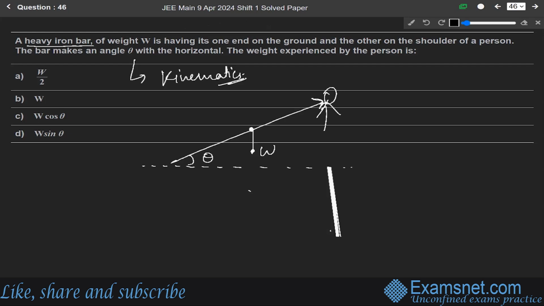If this is angle theta, there will be a force Ng in the upward direction, and a force R in the upward direction, where R is the net reaction force given by the shoulder.